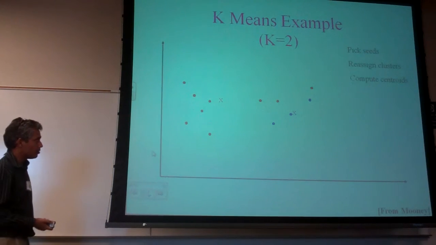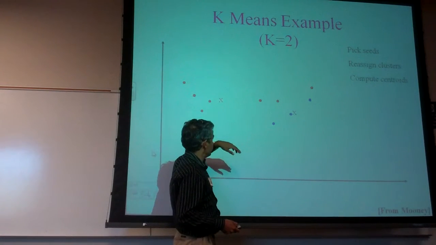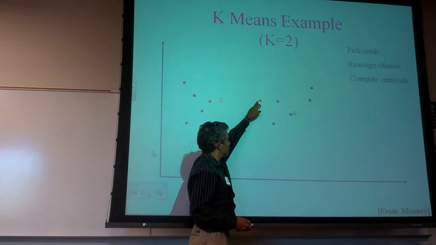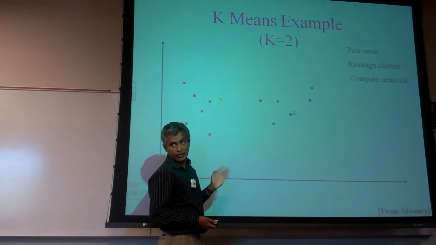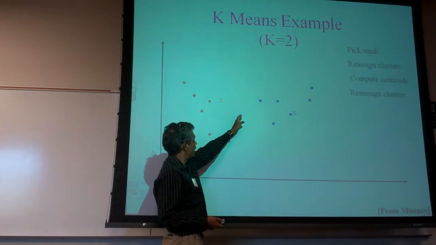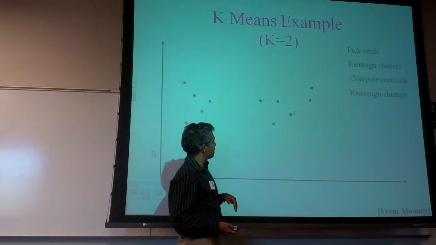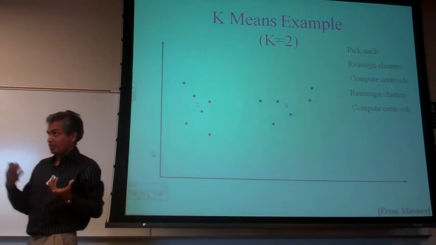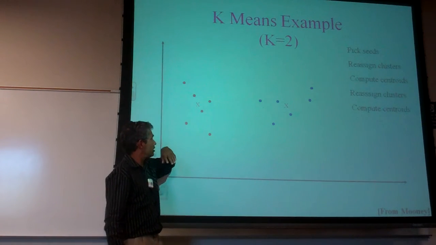Yes. Okay, so in the next iteration, these red points realize that they are closer to this centroid than to that one, and so they shift. Now you can recompute the centroids again. This time the blue centroid goes there, and the red one is here.